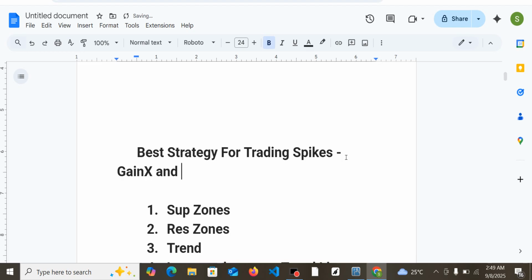You need to know when to trade spikes on Gain X and when to trade spikes on Pain X. The right time to trade spikes on Gain X is different from when you should trade it on Pain X.